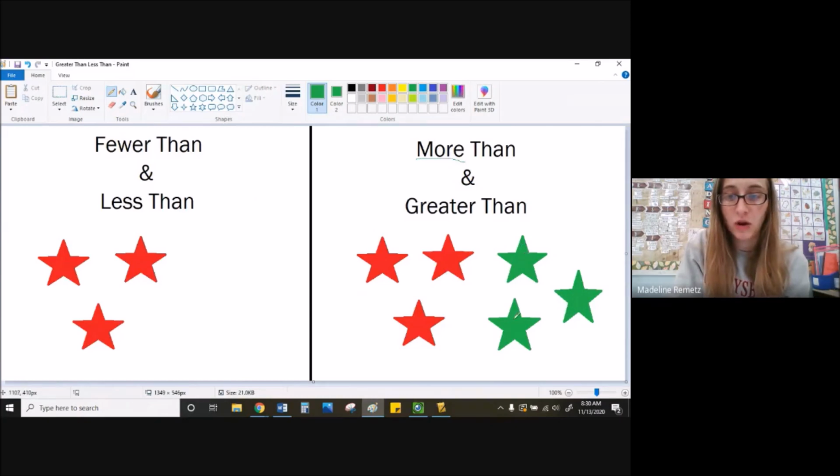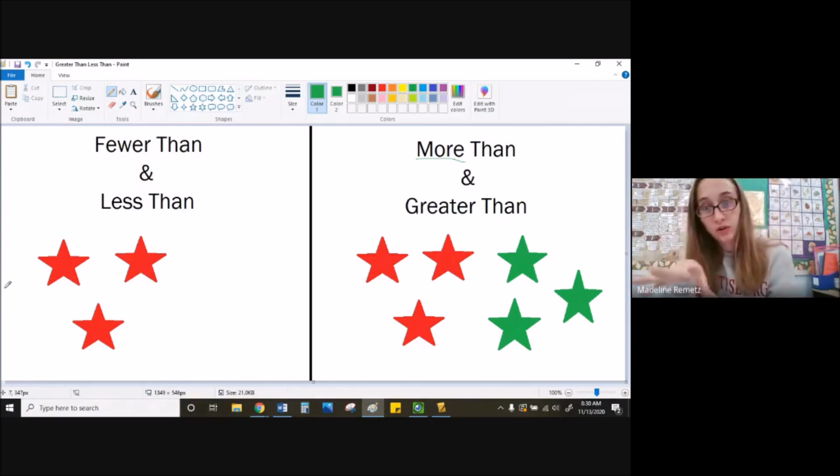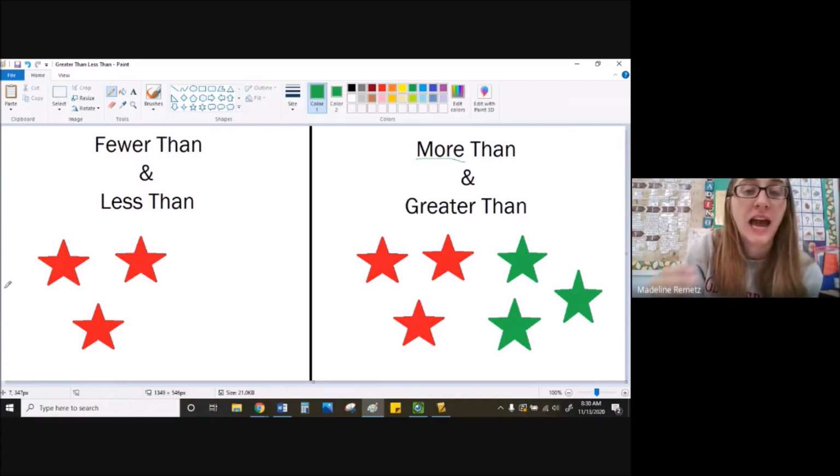How many? 1, 2, 3. So I had 3, I got 3 more. Now, when you're thinking of the difference between fewer than or less than, greater than or more than, you're saying how much less or how many fewer stars do I have than this side.